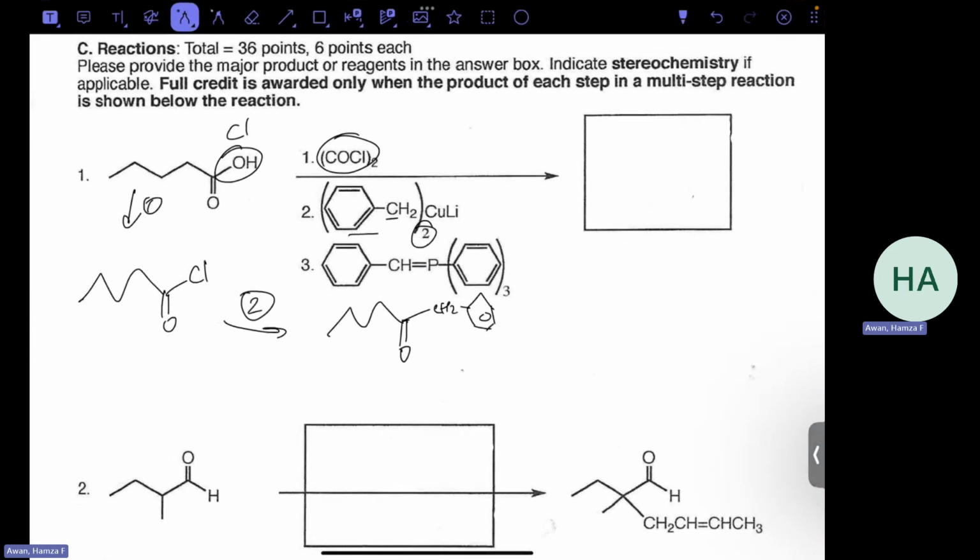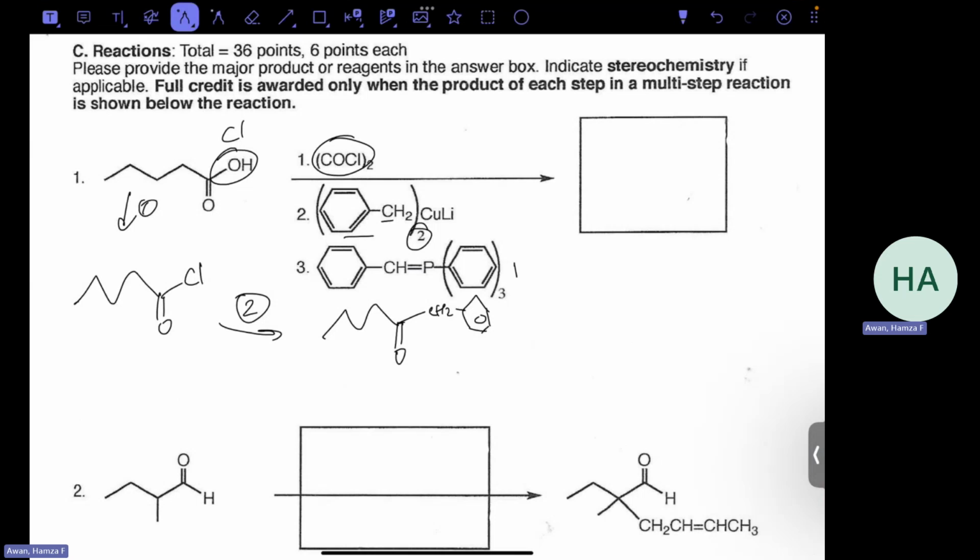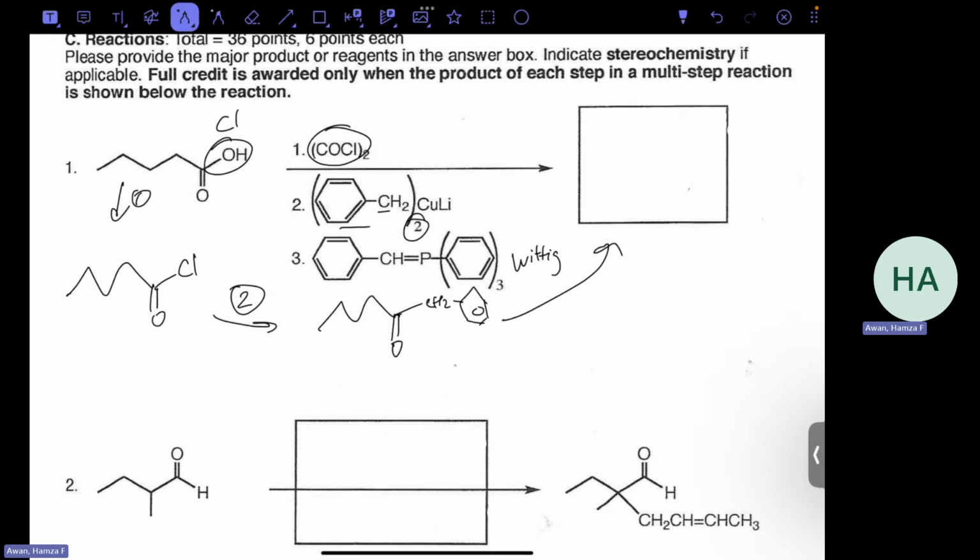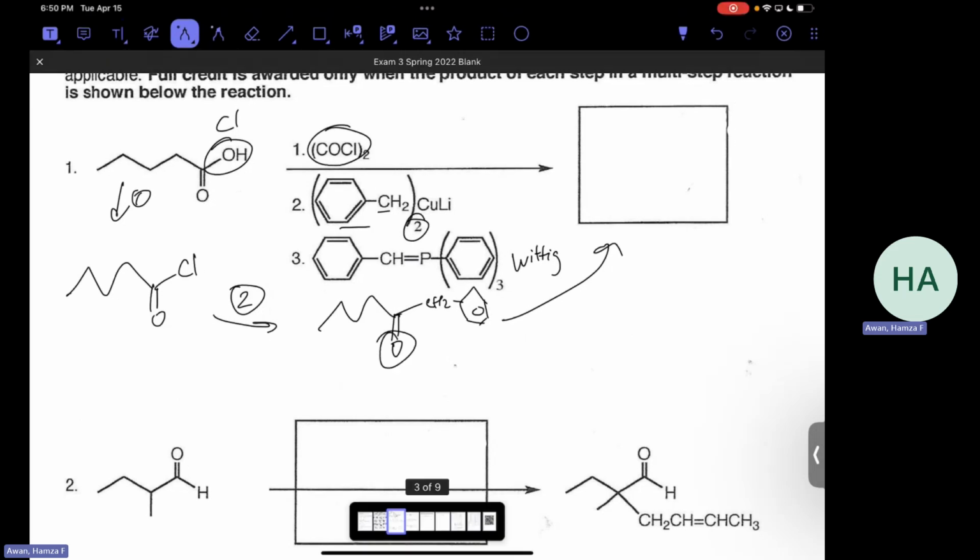And then lastly, this is a Wittig reaction. I'm not sure if I'm pronouncing it right. Anyways, what that does is it takes the place of this oxygen, right? So this oxygen is no longer going to be there. Instead, this carbon has the double bond to the CH, right?